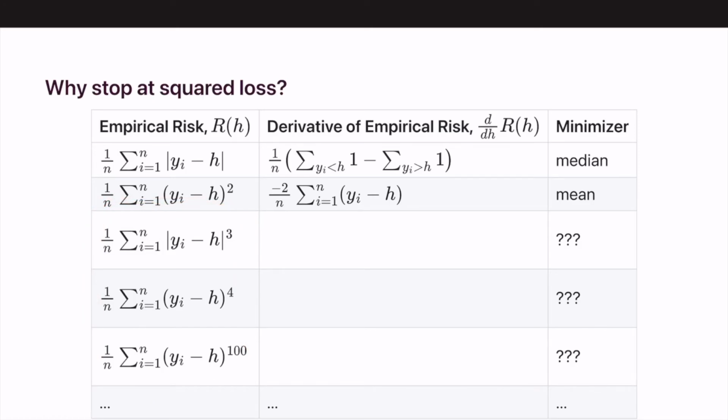We can take a look, for example, where we have the absolute value of yi minus h, cubed. The reason we use the absolute value here is not because this is the mean absolute value anymore, but because in order to cube it, we could have negative values to the third, which would give you a negative number.